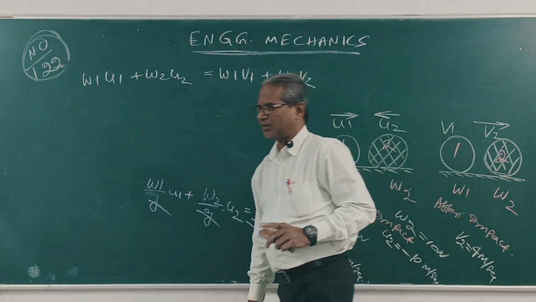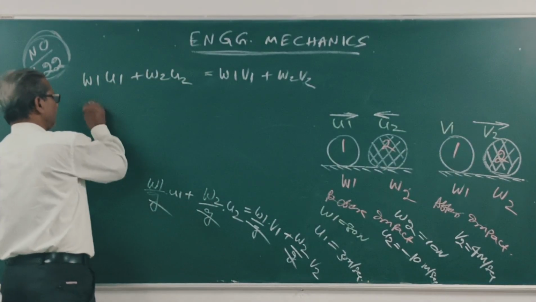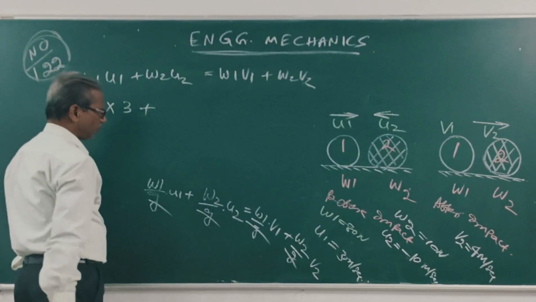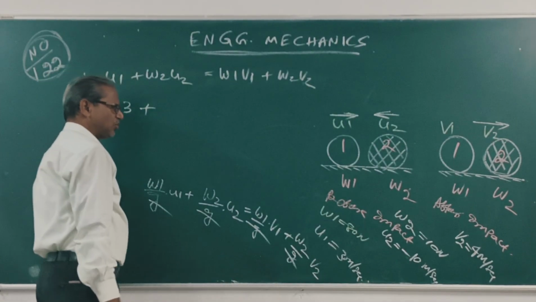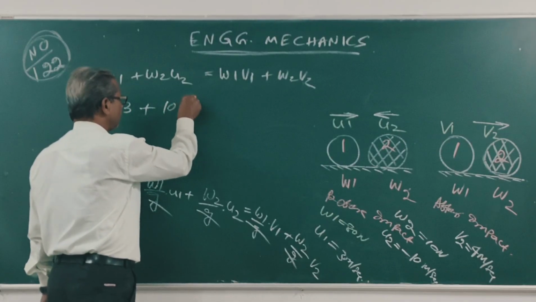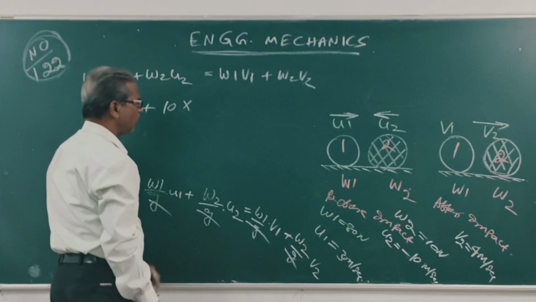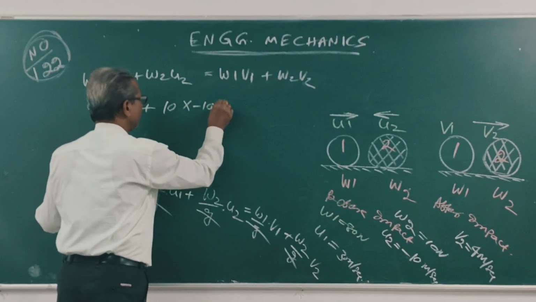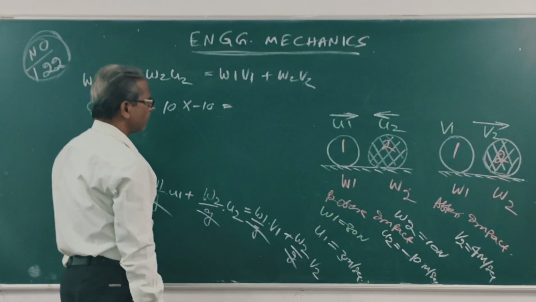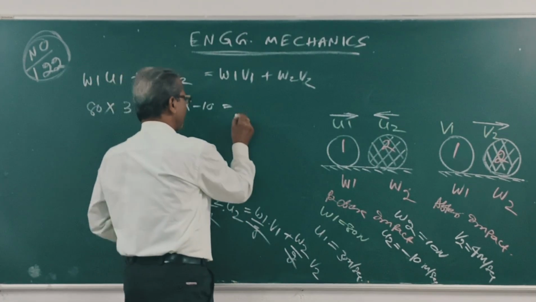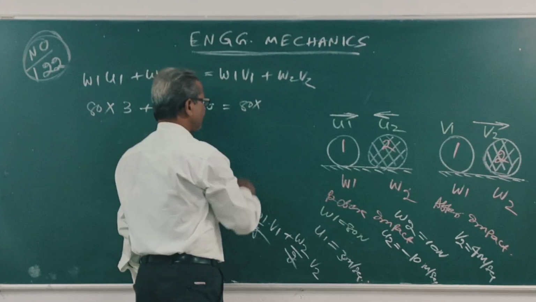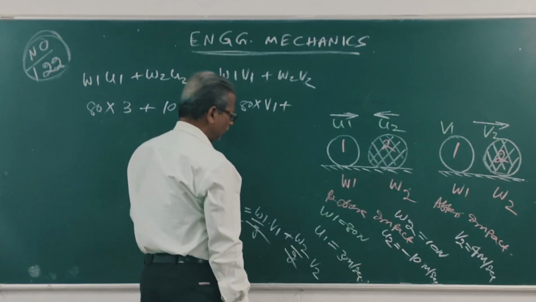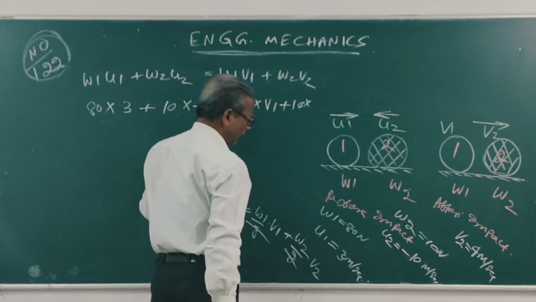Clear? 8 Newton, U1 3 meter per second, plus W2 10 Newton into U2. What is U2? Minus 10 meter per second, is equal to W1, 8, V1. What is V1? We will find out. W2 is 10. What is V2? 4.